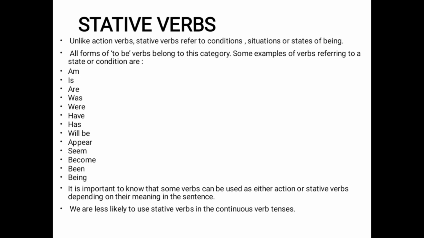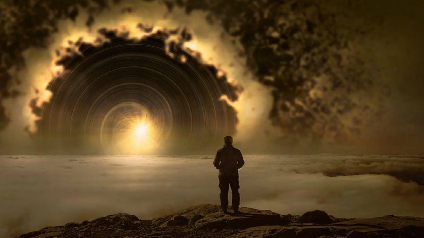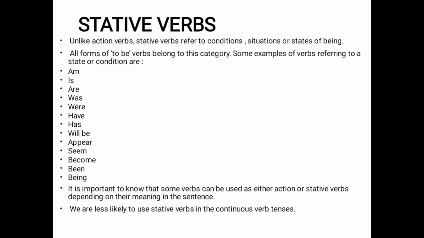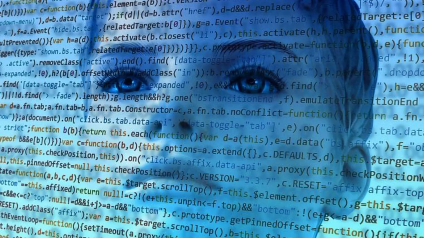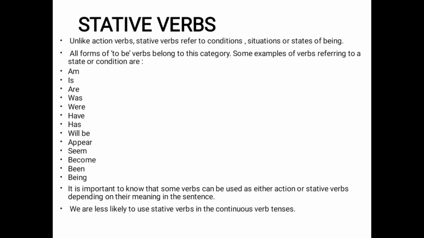Stative verbs. Unlike action verbs, stative verbs refer to conditions, situations, or states of being. All forms of the to be verbs belong to this category. Some examples of verbs referring to a state or condition are is, am, are, was, were, have, has, will be, appear, seem, become, been, being.